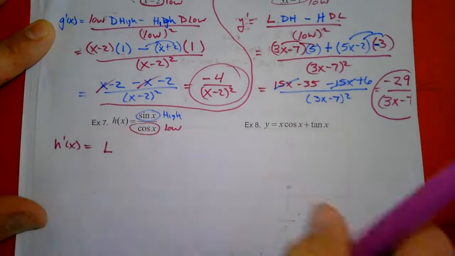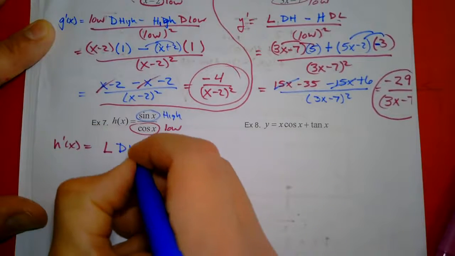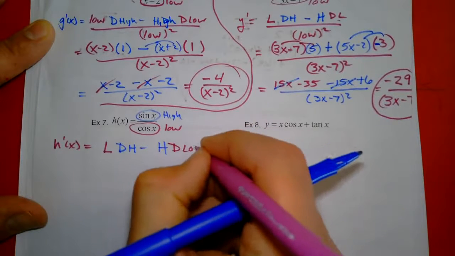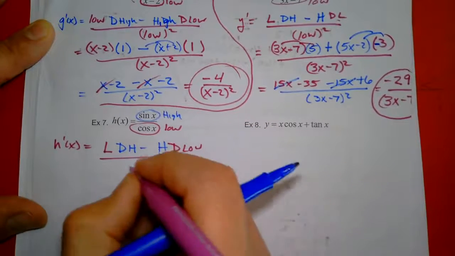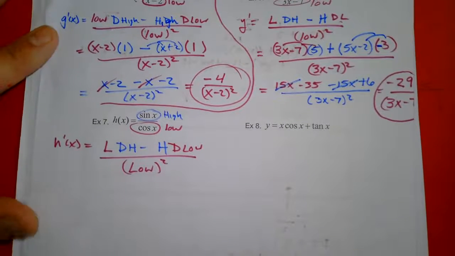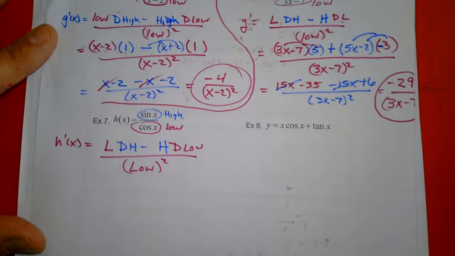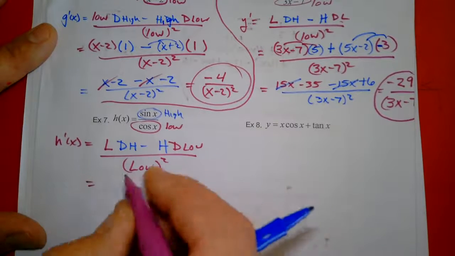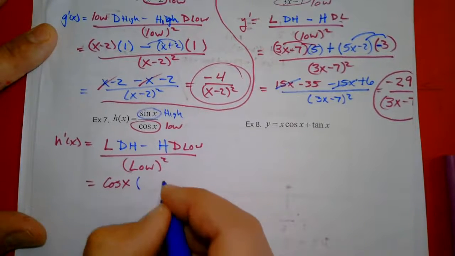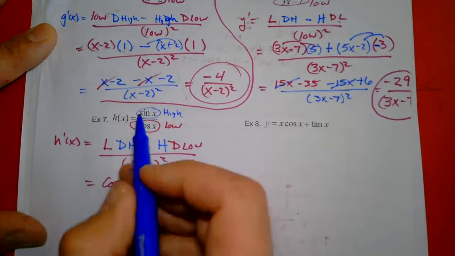I want to do low d high minus high d low over low squared. So as I set this up, I take the low one, which is the cosine of x, and then times the derivative of the high one.